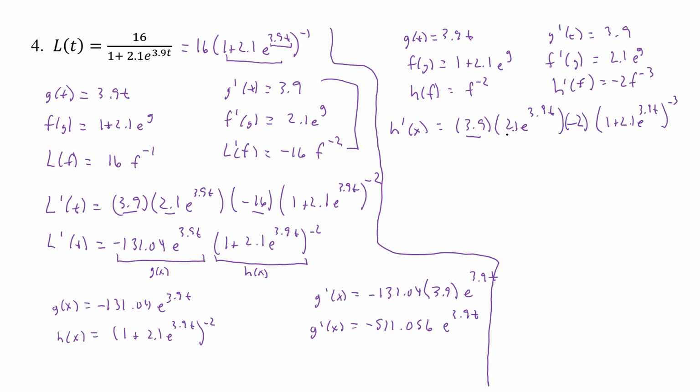Now again, I'm going to simplify it. 3.9 times 2.1 times negative 2 gives negative 16.38, it looks like.